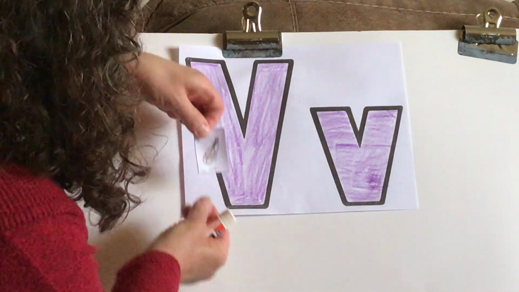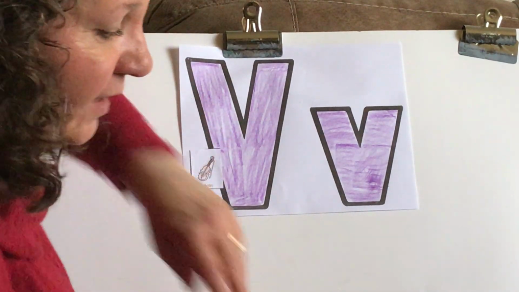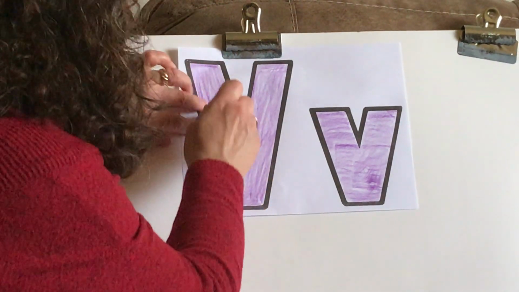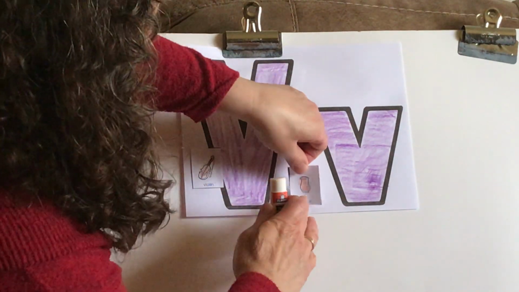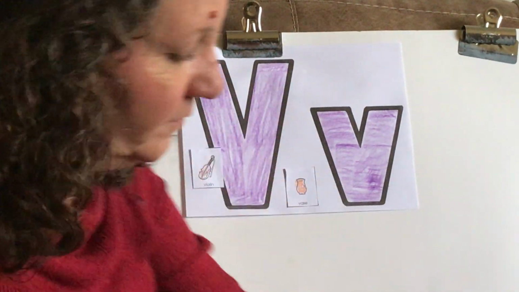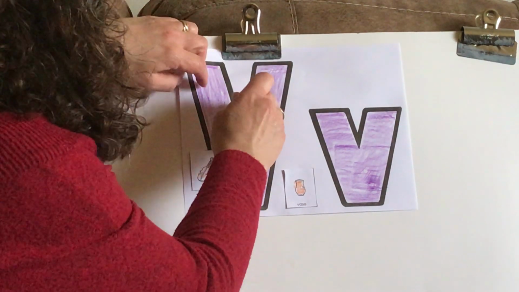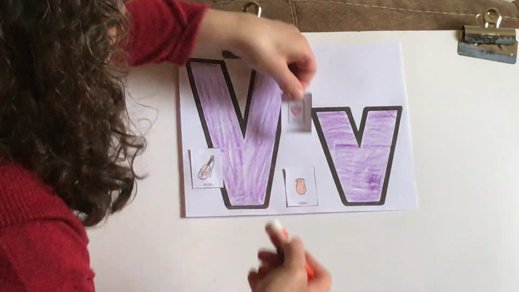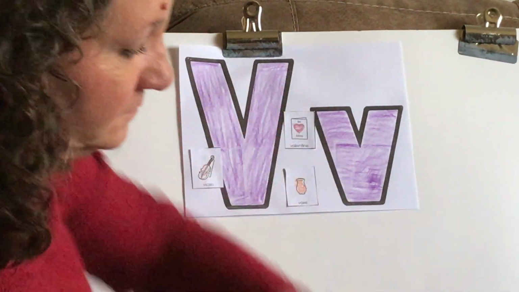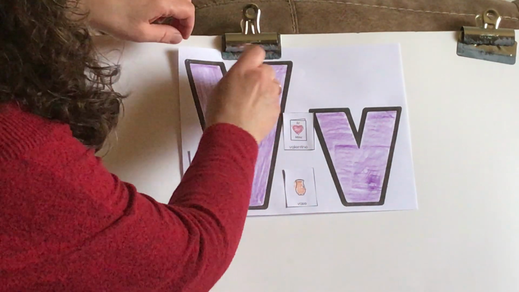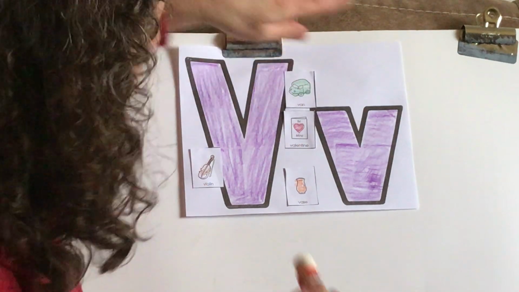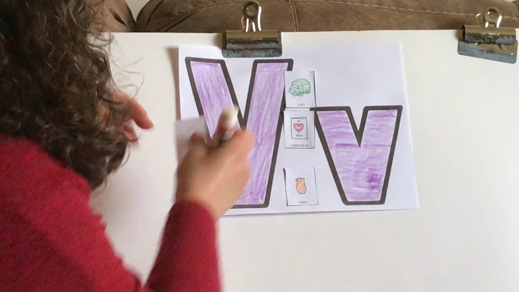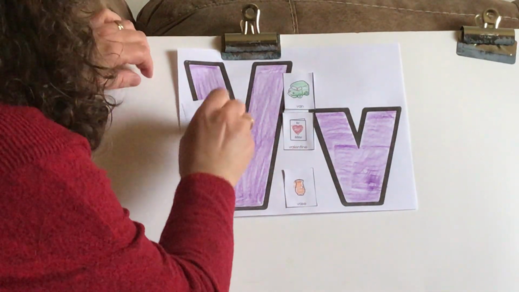Okay, so we're going to put some pictures all around our paper. All these things begin with the letter V.